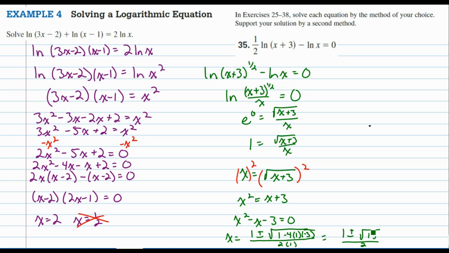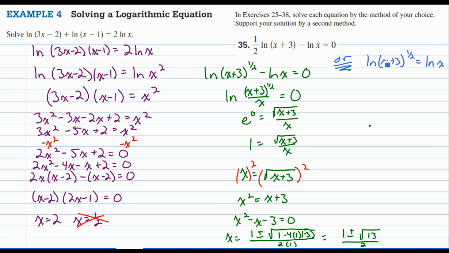Now my other option for this problem would have been to start out by adding natural log of x to both sides. So I could have said that on the left side I have the natural log of x plus 3 to the 1/2, and then on the right, after I add the natural log of x to both sides, I have the natural log of x.